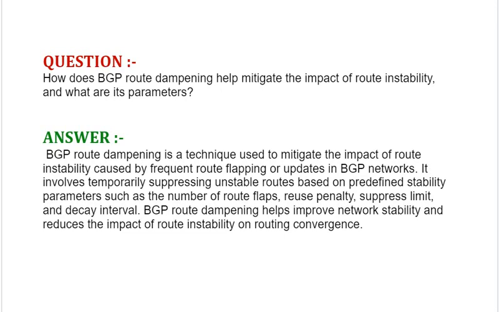It involves temporarily suppressing unstable routes based on predefined stability parameters such as the number of route flaps, reuse penalty, suppress limit, and decay interval. BGP route dampening helps improve network stability and reduces the impact of route instability on routing convergence.